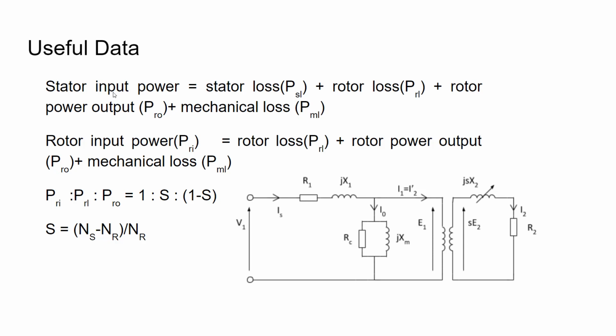So stator input power minus stator loss can be given as the rotor power input, that is equal to the rotor loss plus rotor power output and the mechanical loss.